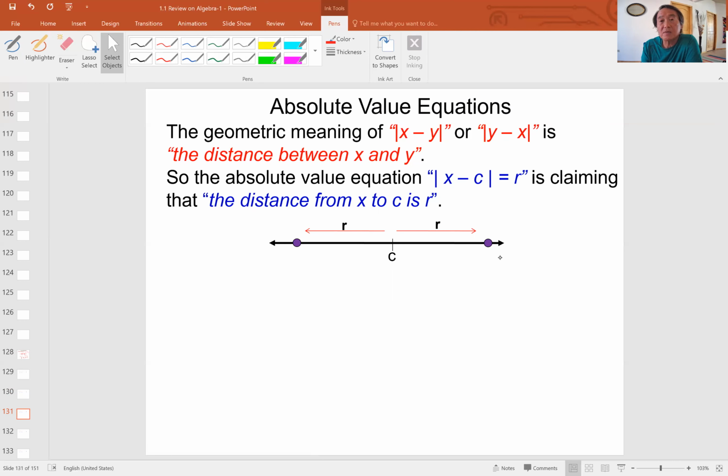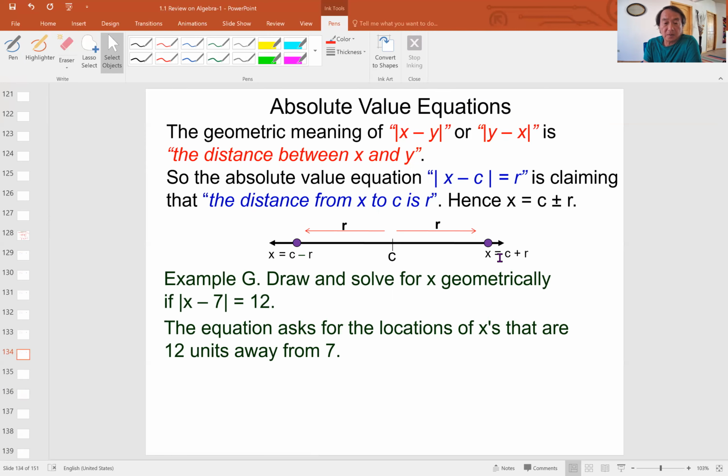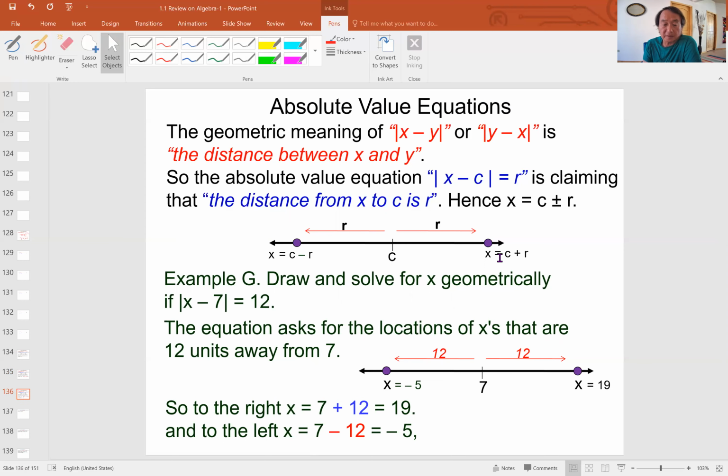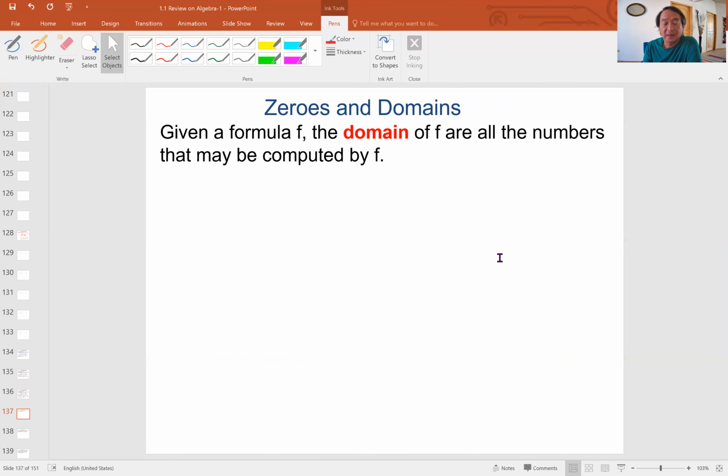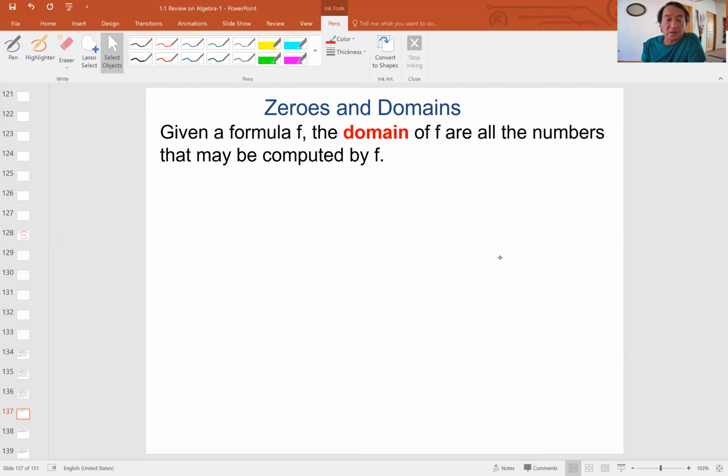The locations are c plus r, c minus r. So this has a geometric interpretation. So these are the 2 points 12 units away from 7. So the 2 points are 19 and minus 5. So this equation shows up.